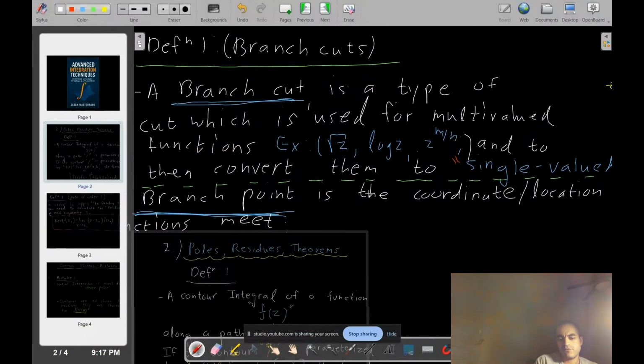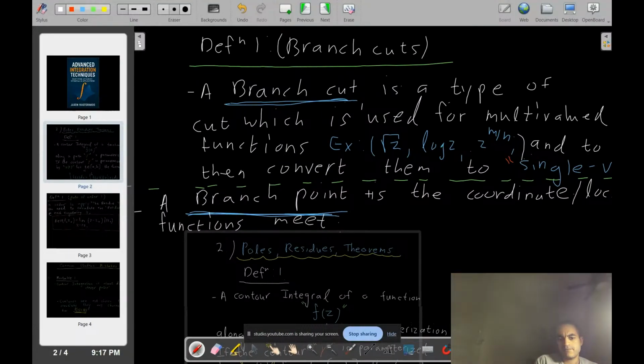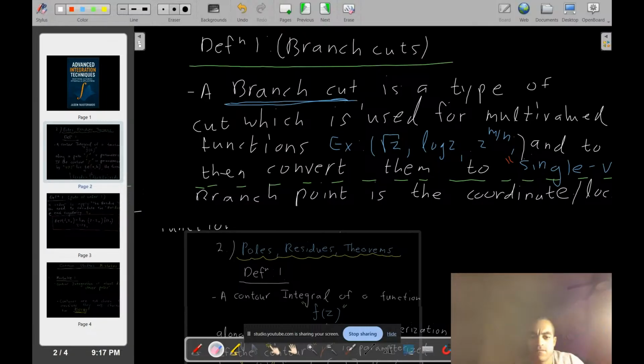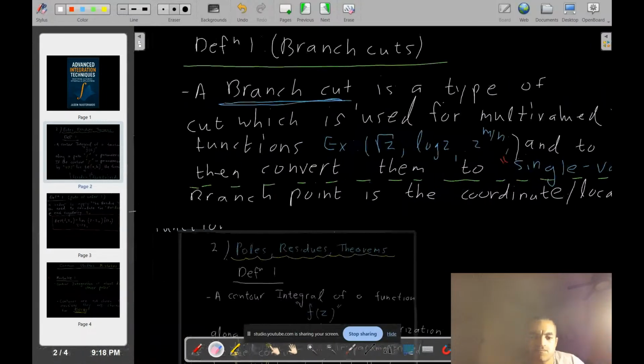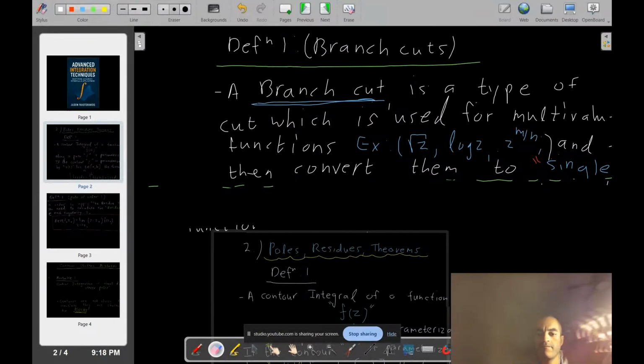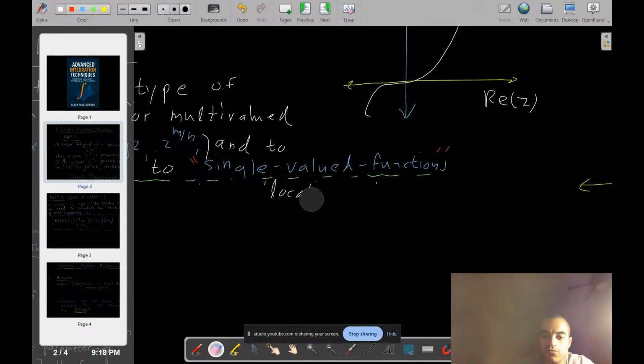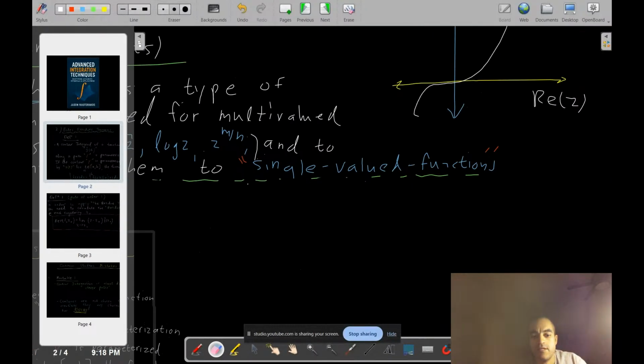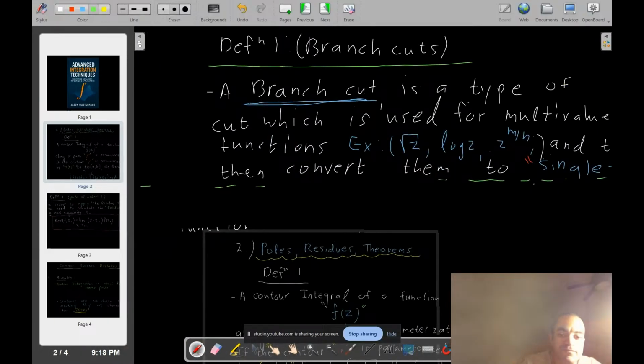That was definition one, for branch cuts. Actually, I'm going to erase this right now, because I should say something better here. Definition 2 is for branch points. Otherwise it doesn't look accurate.